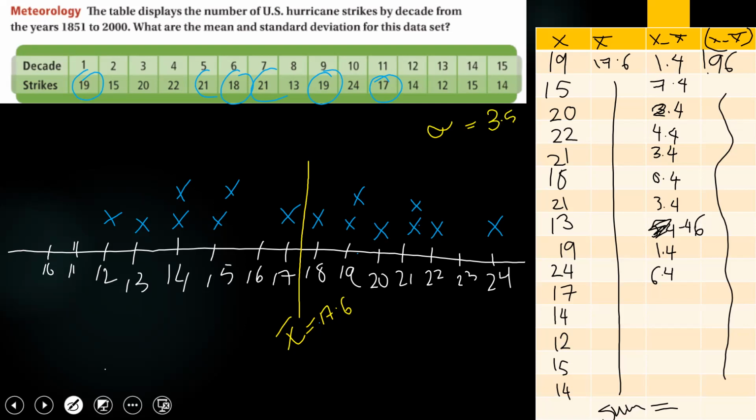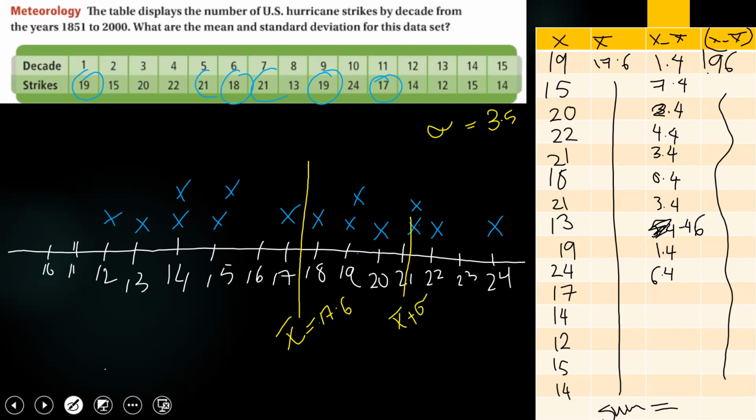So you take 17.6 and add 3.5. What did you have? 21.1. So at 21.1 here, we have X bar plus sigma.